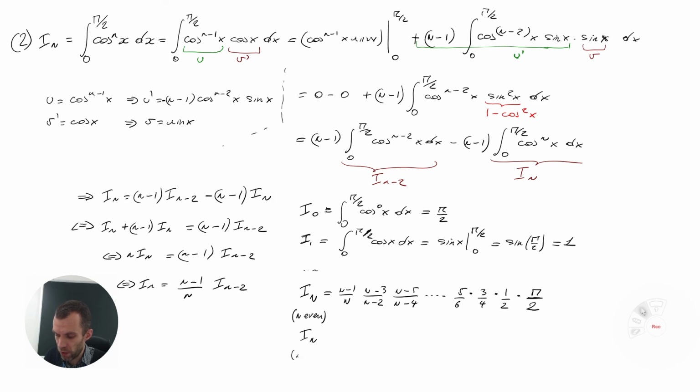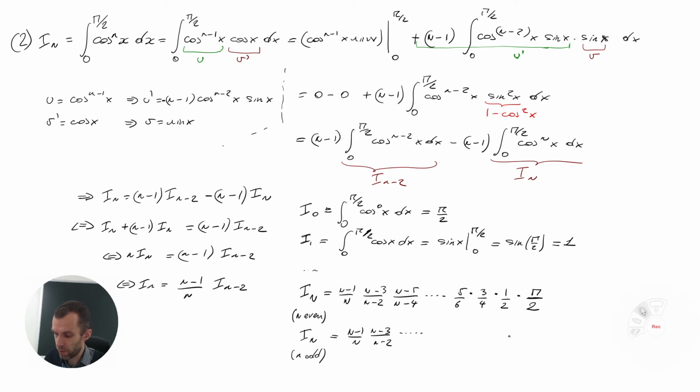For n odd, the principle is the same, but the result is a bit different. The formula starts off the same way, n minus 3, n minus 2, and so on. And then, so n is odd, you subtract odd numbers for the numerator, so that gives you even numbers.